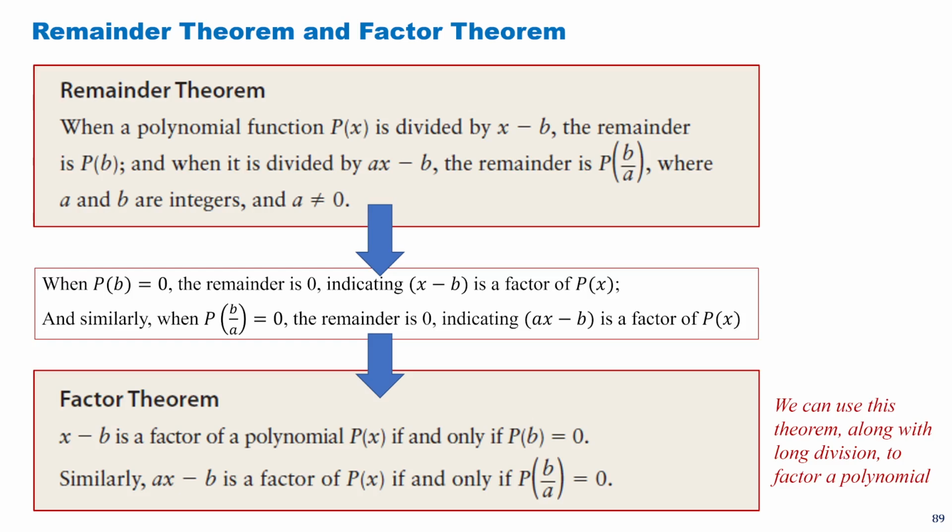This can be summarized in the factor theorem: x minus b is a factor of a polynomial p(x) if and only if p(b) is 0. Similarly, ax minus b is a factor of p(x) if and only if p(b/a) is 0. Basically, the factor theorem provides us with a way to factorize a polynomial expression, right?